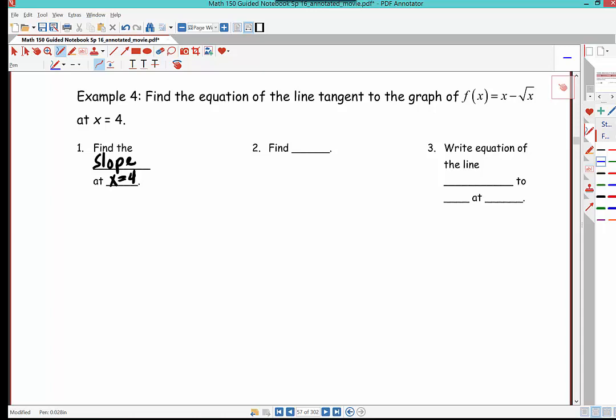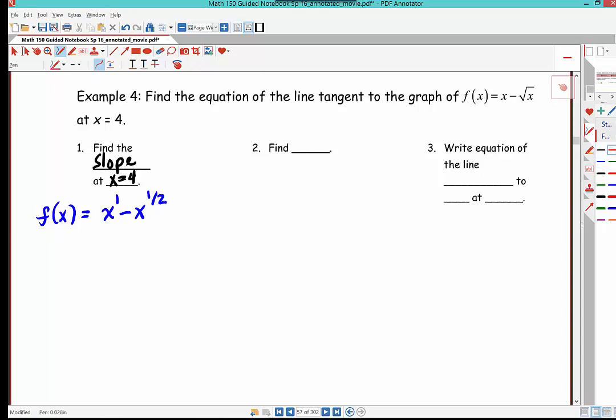Good. So now let's go ahead and rewrite f, because notice that we've got a radical there. So we might want to switch that to rational exponents. So f at x is equal to, let's write this as x to the 1 minus x to the, good, 1/2.